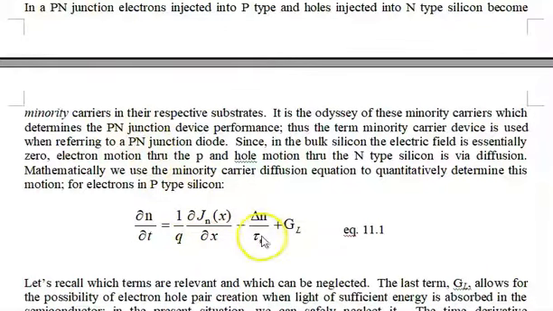Okay, so you might ask, well, it diffuses. The electrons diffuse in the p region, the holes diffuse in the n region. How long does it take for all that to happen? Well, this is going to be the primary factor right here, and this will be the time that it takes, in this particular case, for electrons to get wiped out, to recombine with holes in the p region.